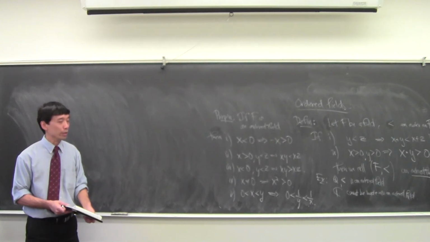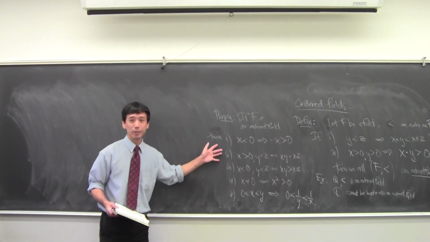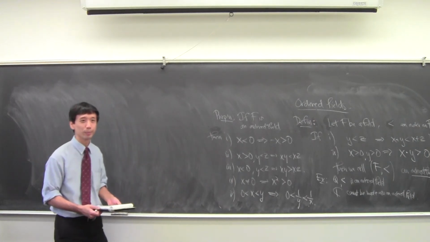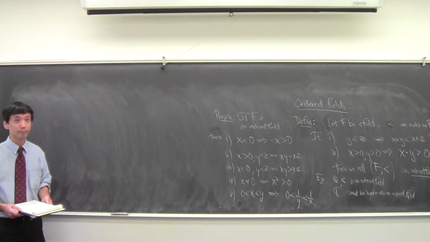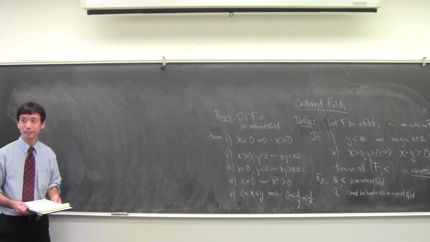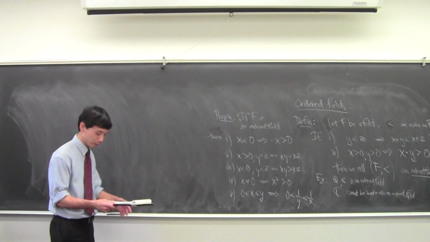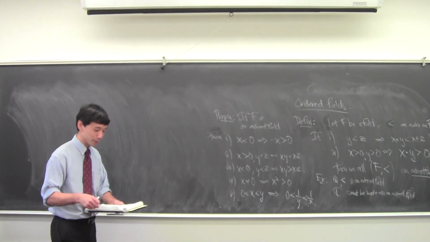So whenever you have an ordered field, these things that you're familiar with still hold. Okay, and we'll use them shortly. I'm not going to prove them for obvious reasons.